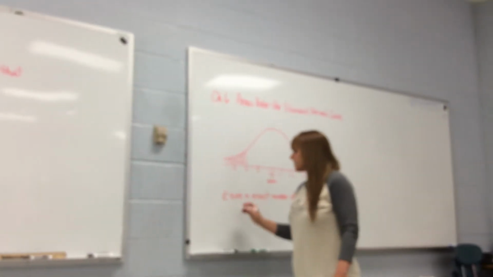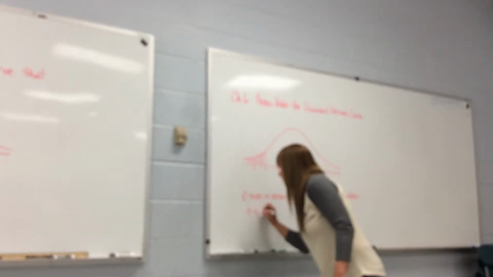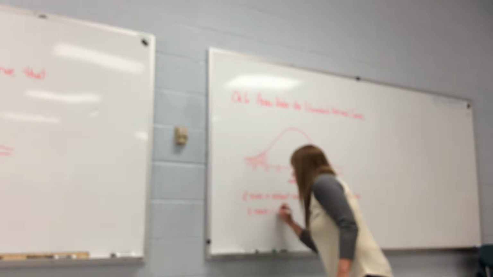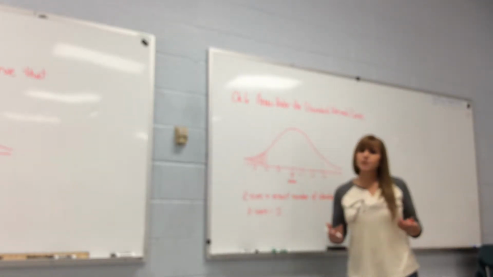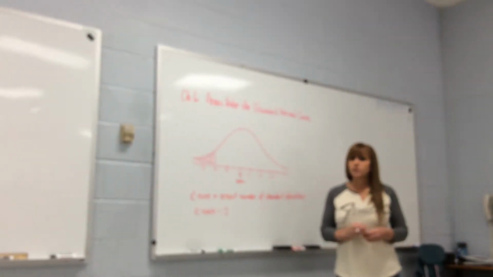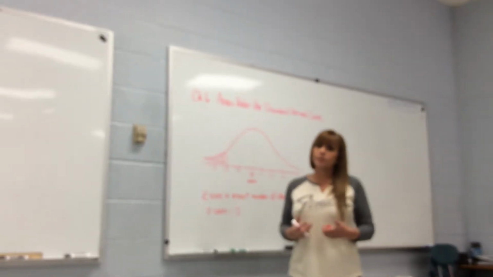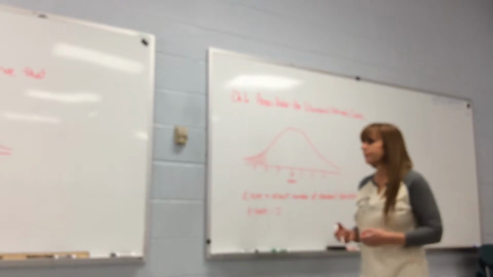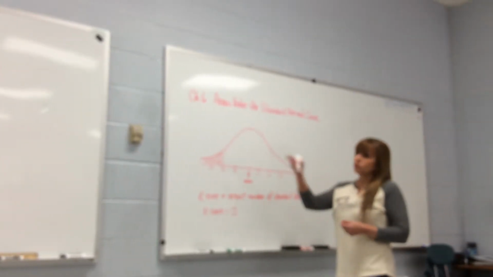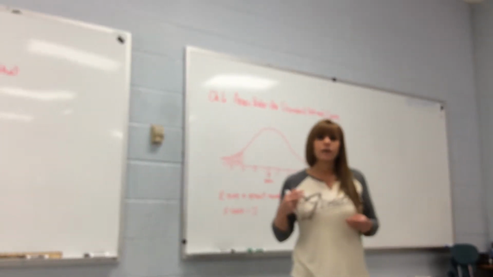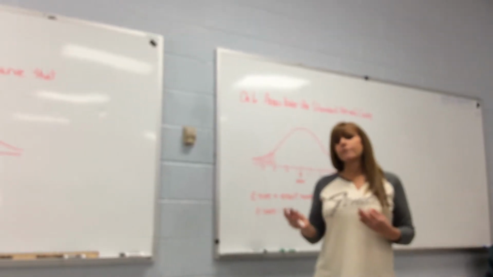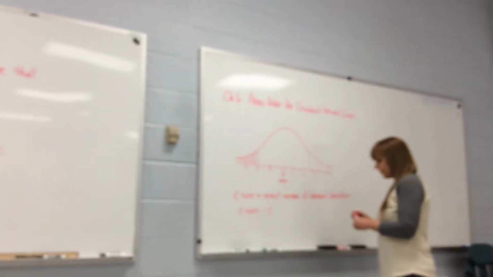So in this case, if I had a z-score equal to -2, that would just mean that I'm exactly 2 standard deviations away from the mean, okay? So I'm going to give you a formula to find a z-score, and then eventually we'll get to the point where we're finding the area under a curve for those specific z-scores.